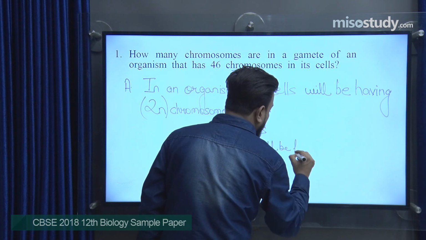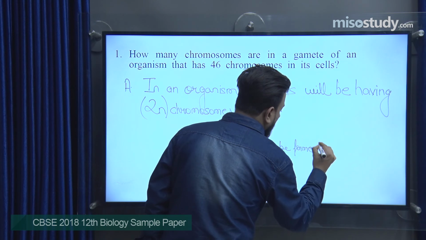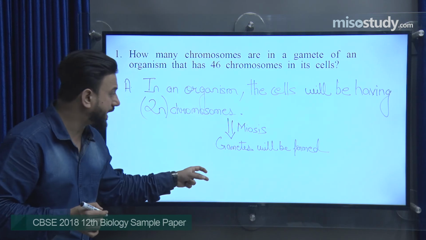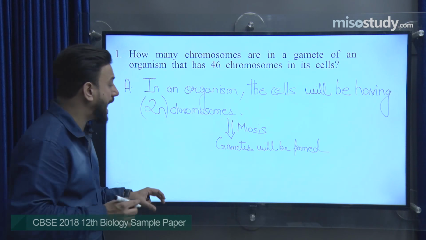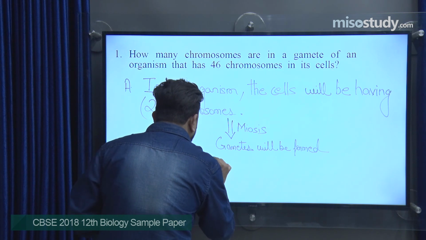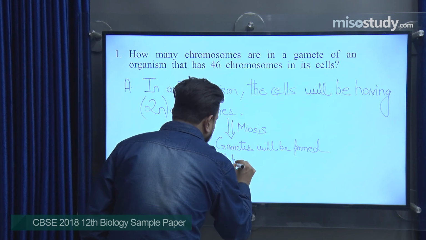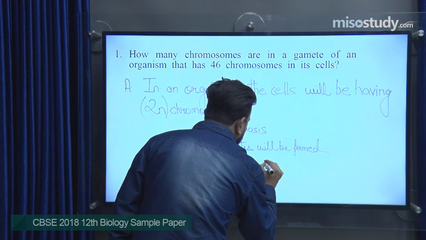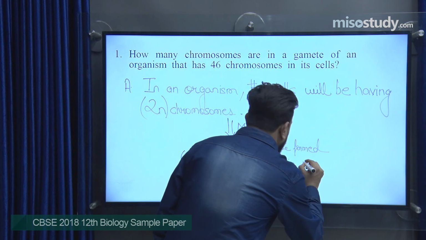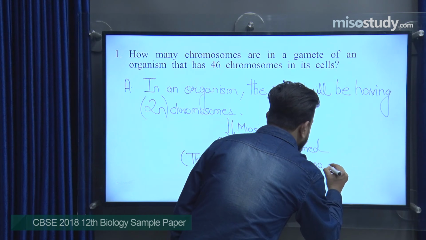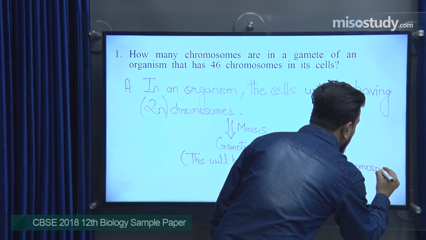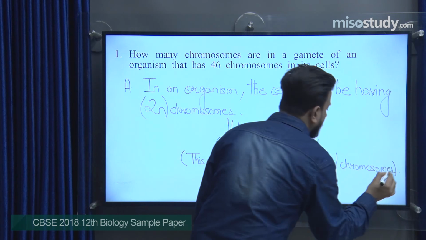Because of the meiosis the gametes are getting formed, and hence these gametes will contain n number of chromosomes.